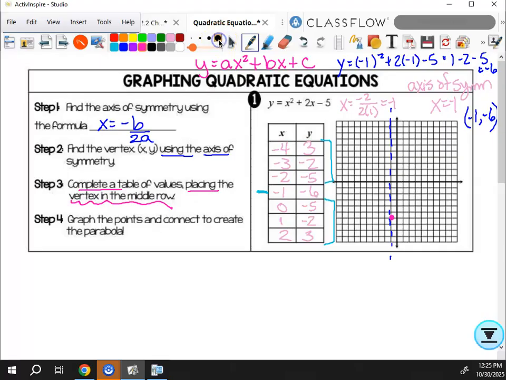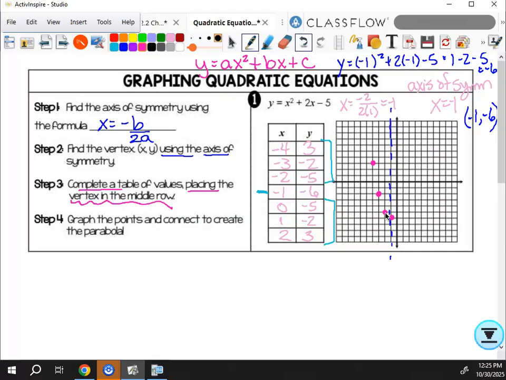So then here, if we go graph these points, I'm going to go to -4, 3, -3, -2, -1, -6. Now, I had to count those, and your grid is little teeny tiny, right? You have an axis of symmetry.